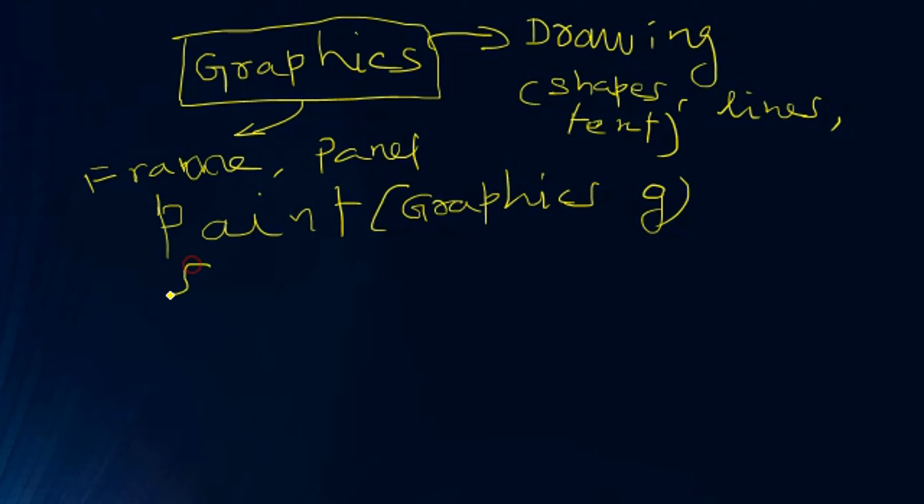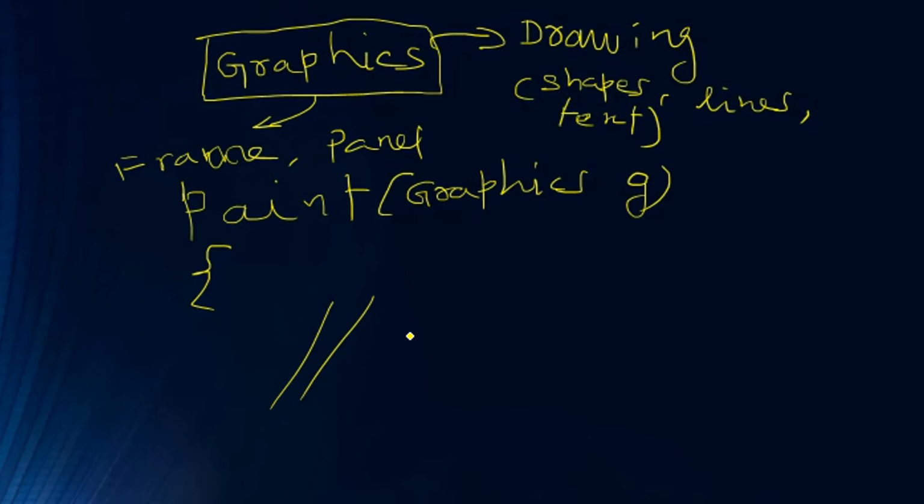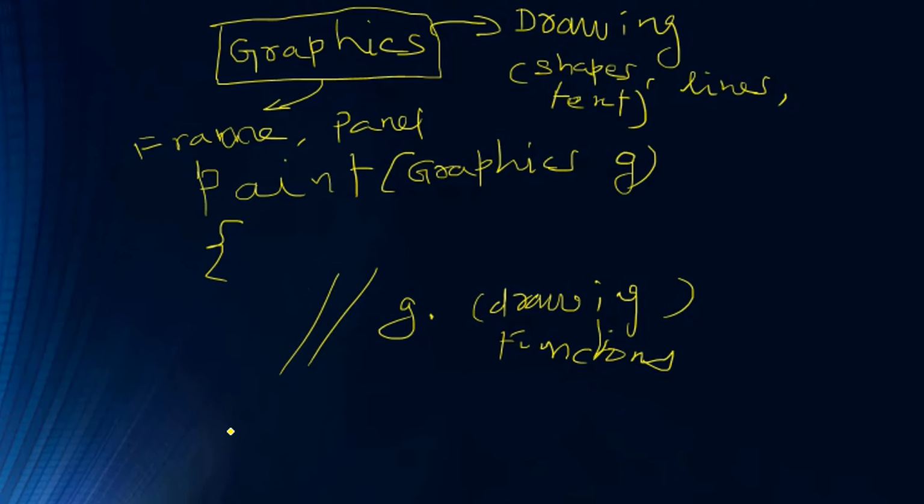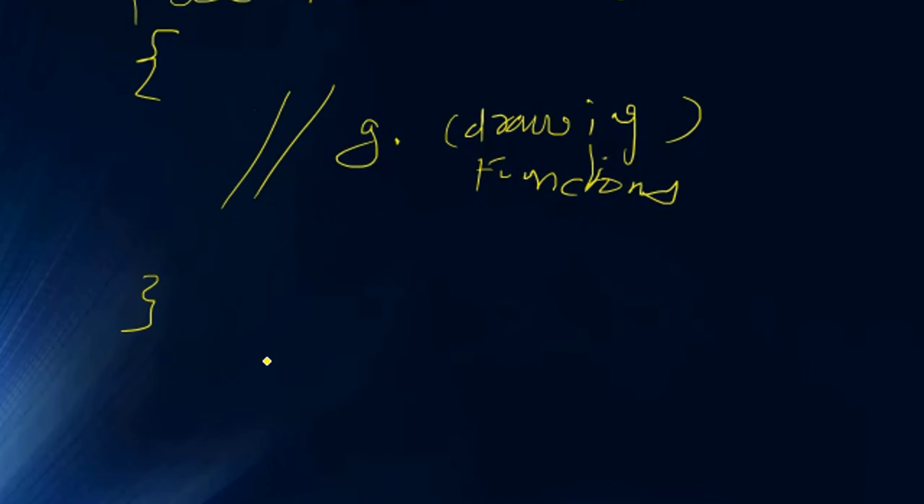Using this graphics object inside, you can place your code and use g dot all the drawing functions. So you can perform all the drawing functions. This is the one we are going to use to set a font, then we are going to perform some text output.